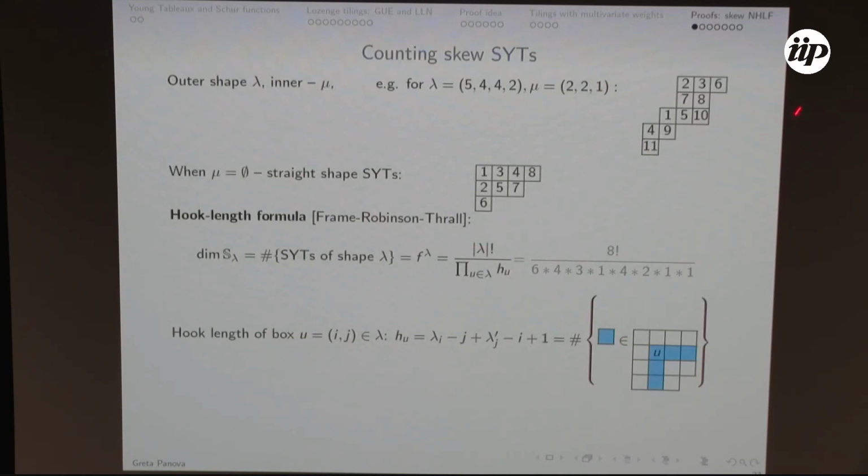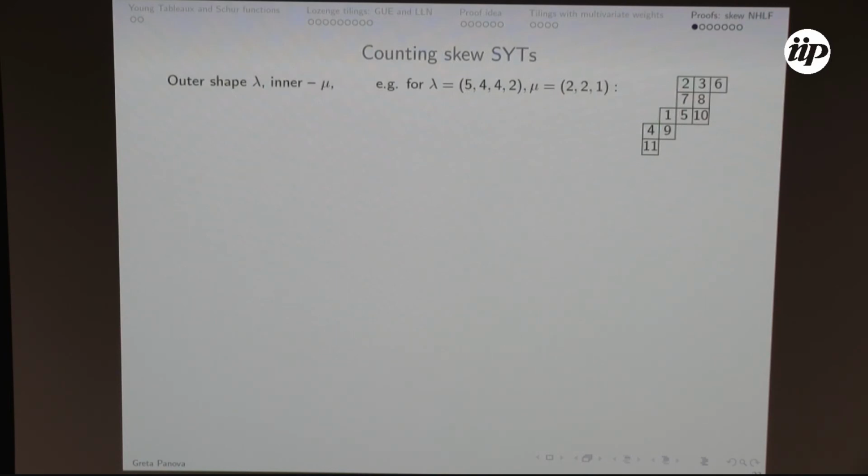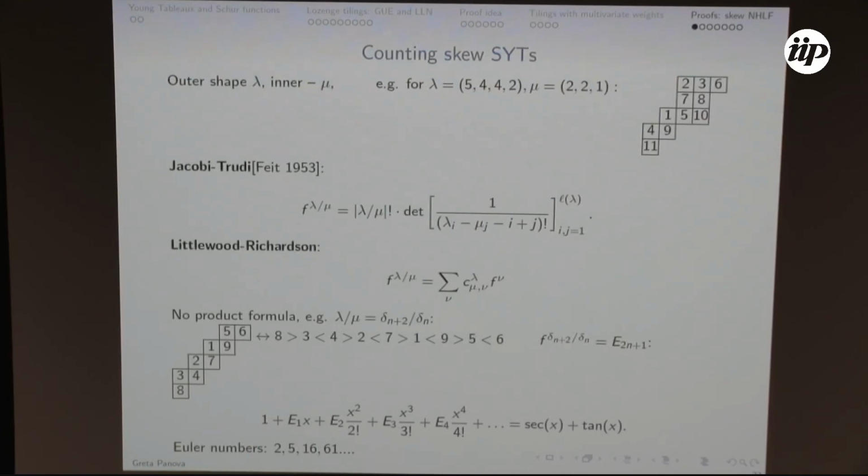and we have this nice formula. But then one can take skew standard Young tableau, and consider the difference between two shapes lambda and mu, and ask what is the number of ways to assign the numbers from 1 to n in these boxes so that they are strictly increasing along rows and down columns, and each number appears exactly once. The same notion, what is the number? Well, these are the formulas that we have for these numbers.